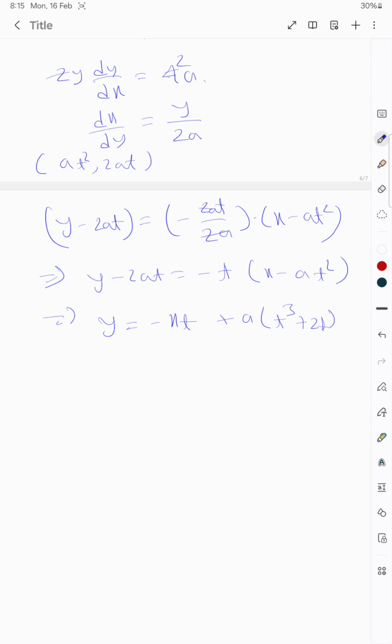Now this is done. Your job will be to find the envelope. Here you can think t is your parameter, so you have to differentiate with respect to t. You can write this as f(x, y, t), where a is already given.